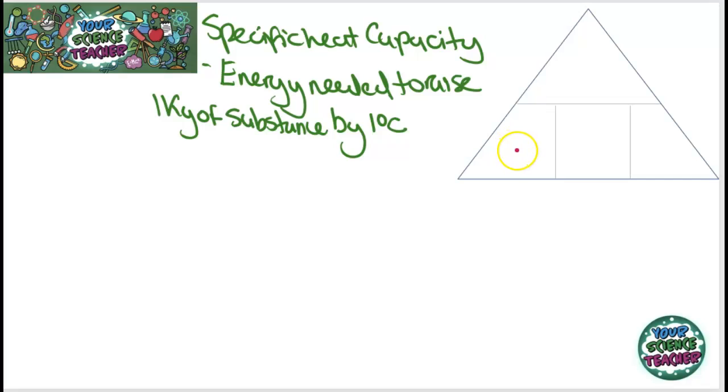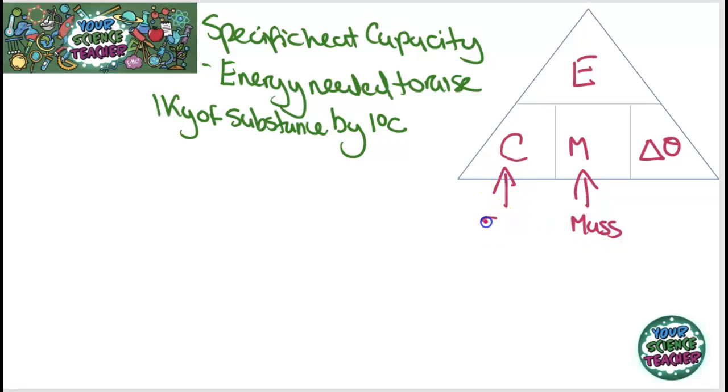The specific heat capacity is given the symbol C in this equation. The energy needed to raise the mass by 1 degree C. So you've got here the mass, here you've got the specific heat capacity, and here you've got the change in temperature.